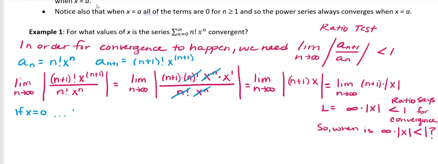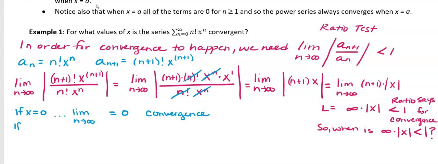then the limit as n approaches infinity would have been infinity times 0, which would have been 0. So in this case, we would have had convergence.